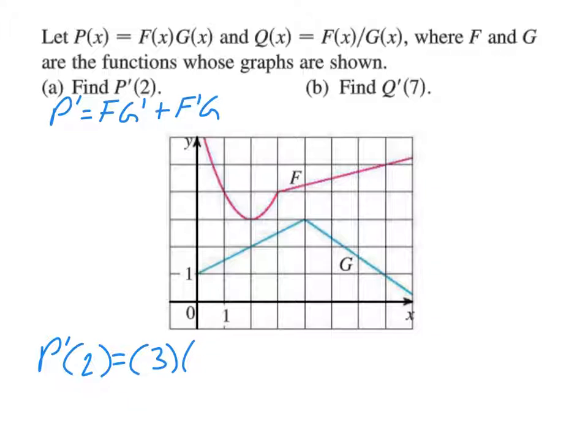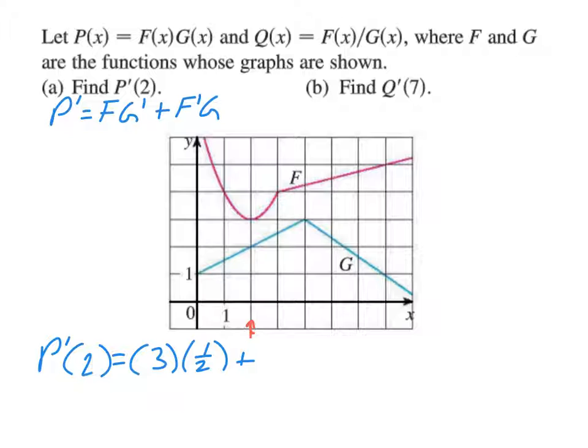And now we need g prime of 2. Well, we're actually going to have to do a little bit of work there, because that means we need to know, at this point, what's the slope? 1/2. Yep, it's 1/2. Good. So g prime is 1/2, because derivative, of course, means slope of the tangent line.